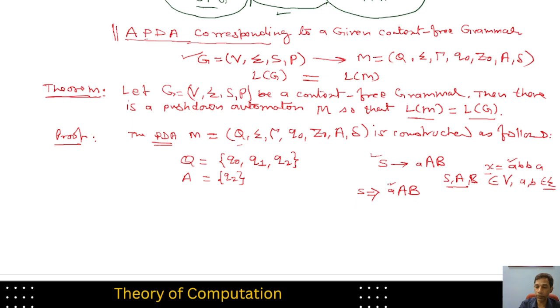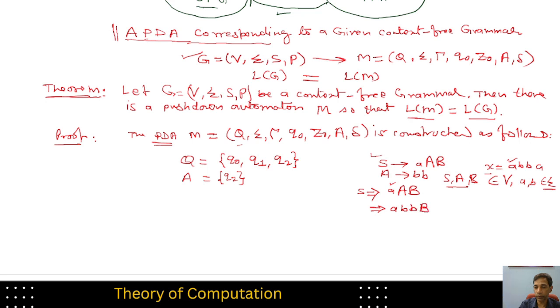So you may have a production in the grammar, like A may derive, say for example, bb. You may have the production A derives bb. So if you have A derives bb, then A can be replaced with bb.